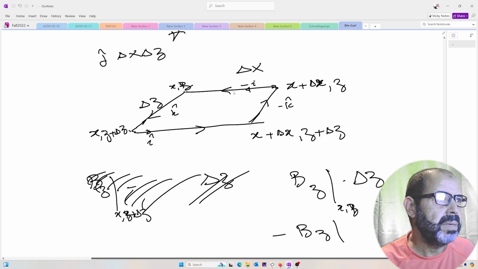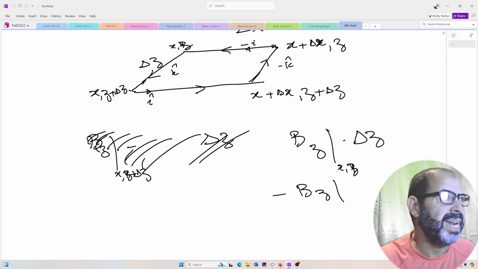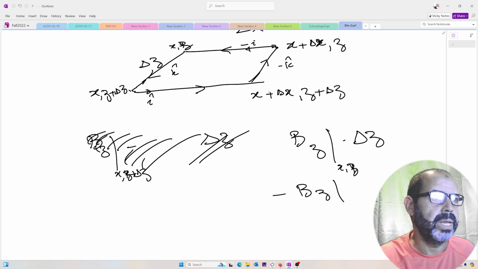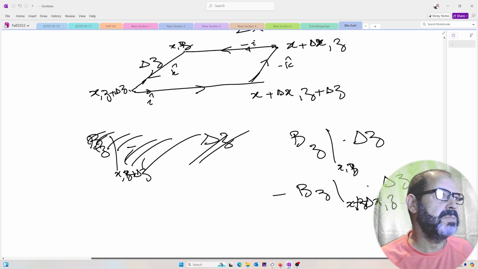Again, x is shifted by an amount, so whatever x was is now x plus delta x. Z, whatever it was, is the same. X is shifted by an amount, z did not. So you have to pay attention here. So in here, it's x plus delta x and z, times, again, delta z. Whew. That's this part.